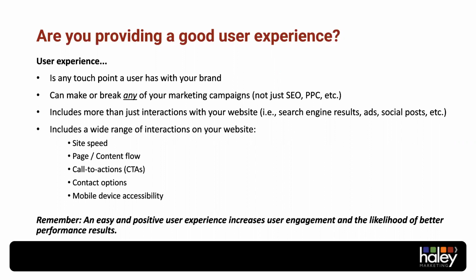Now, without getting too far into the weeds, your quality score is determined by your ad quality, your keyword relevance, your landing page experience, and the expected click-through rate or ad engagement rate. So it's not just your website and the user experience there, but Google and Bing look at the user experience when they're searching and how your keywords and your ads play into that.